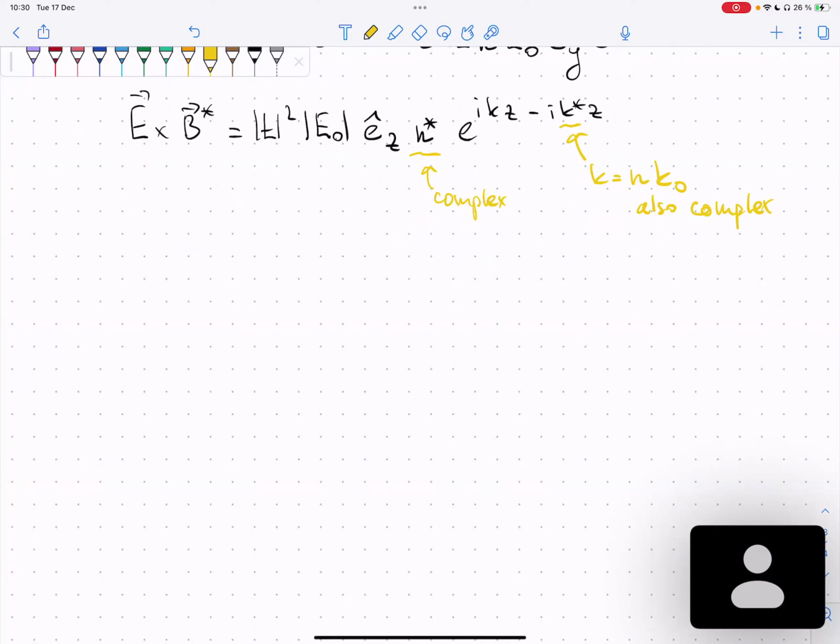From the physical point of view, the real part of the complex wave vector is responsible for the oscillation, and the imaginary part of the wave vector is responsible for the decay. So when we have an imaginary part of the refractive index, this means that we have losses in our medium.